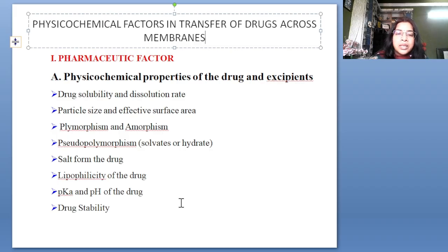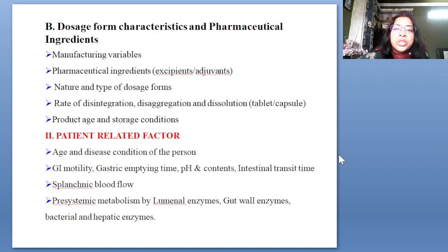Drug stability is important because an unstable drug may get bound with some proteins or other substances present within the gut. So drug stability is again an important physicochemical property of the drug. Then dosage form characteristics. Here we take the drug in the form of different dosage forms.